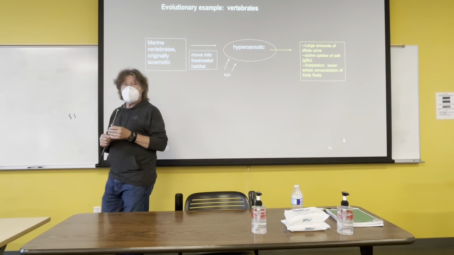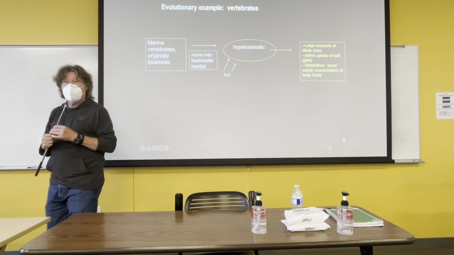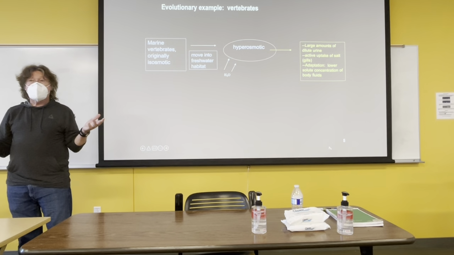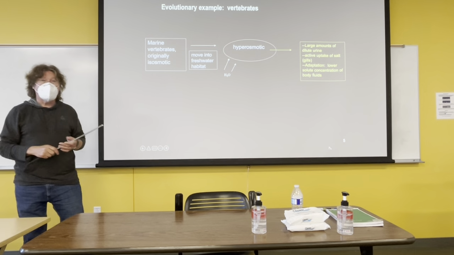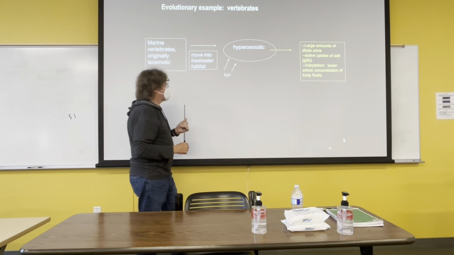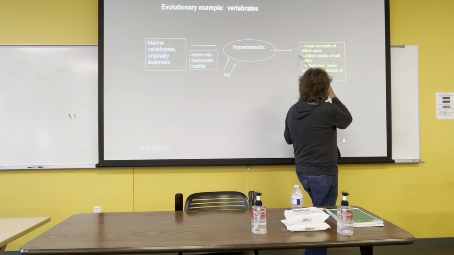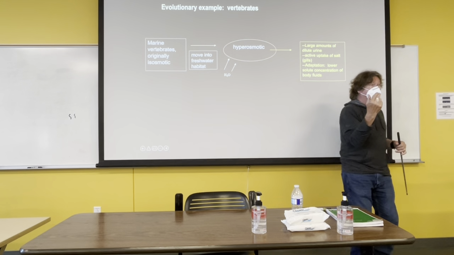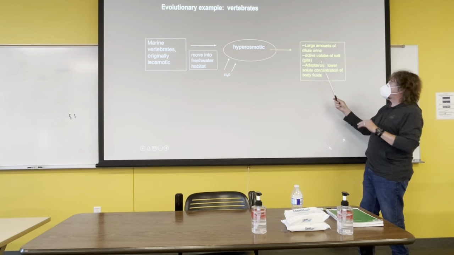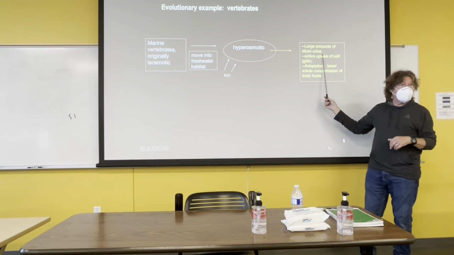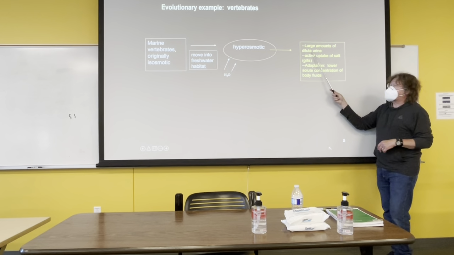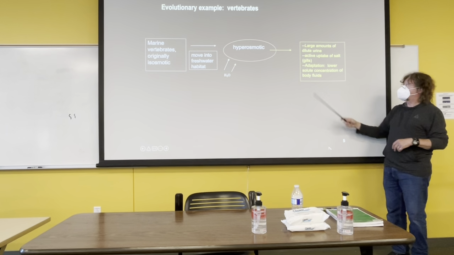Because they're also losing salts across their gills, due to the low solute concentration in the water. And they have a lot of water moving in, so they've got to get rid of large volumes of water to maintain homeostasis, but try not to lose all their salts, okay?